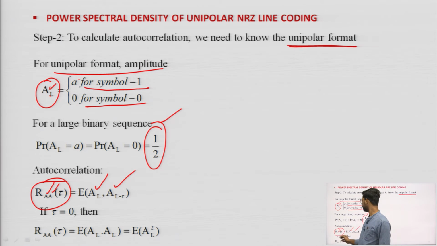Now we will see if tau equals 0, if shifting is not there, then what will happen?